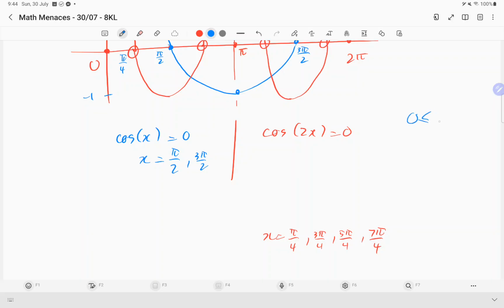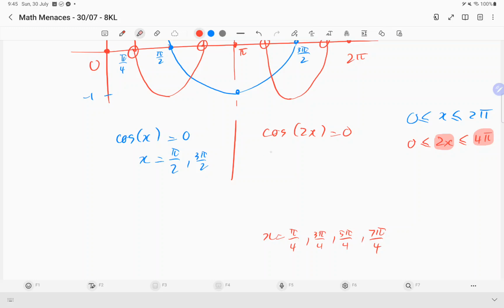So the original domain is for x. Now we want the domain for 2x, and when you multiply an inequality by 2, you multiply everything by 2. That's just an algebraic step, giving 4 pi. So if you're solving for 2x, it goes from 0 to 4 pi. You have to find answers from 0 all the way to 4 pi, because then you have 2 cycles, 4 answers. And then when you divide by 2, you will get the right answer.